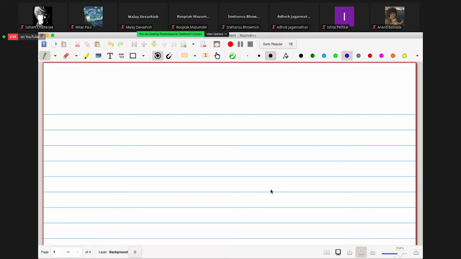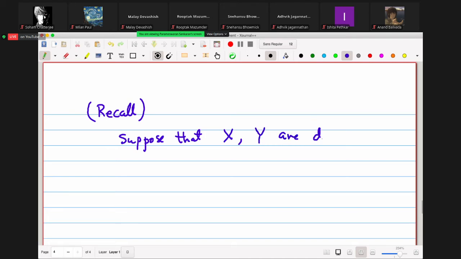Now I want to talk about independence. I somehow get the feeling that I have discussed this before, but in any case, let us do this once again. So recall, or if I have not done it, it's not a recall. Suppose that x and y are discrete random variables.